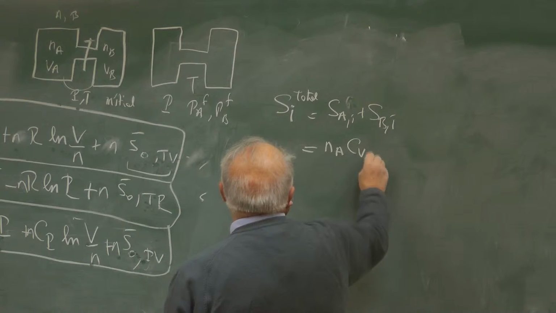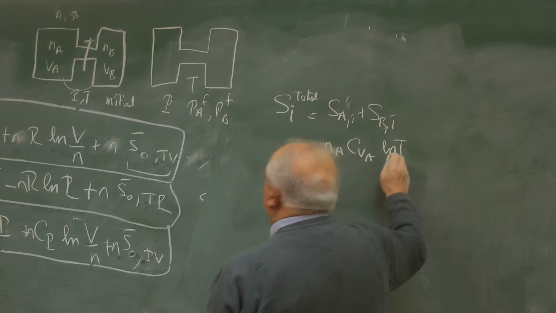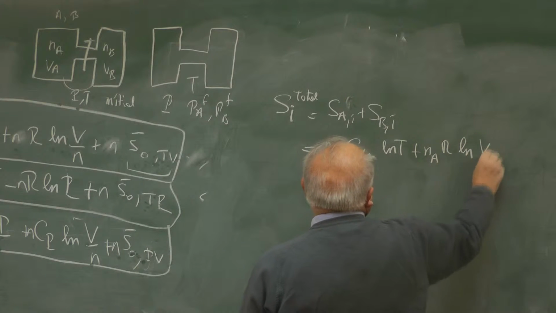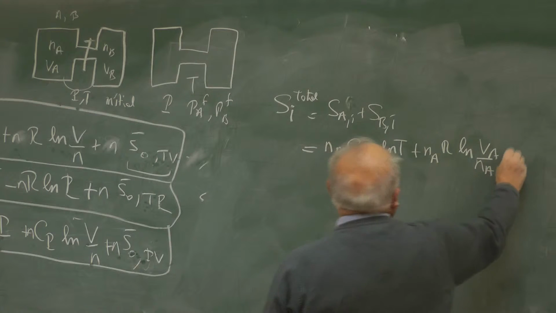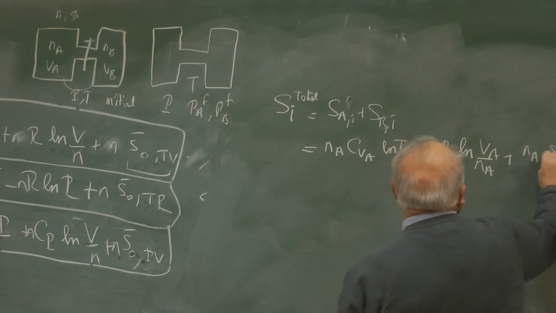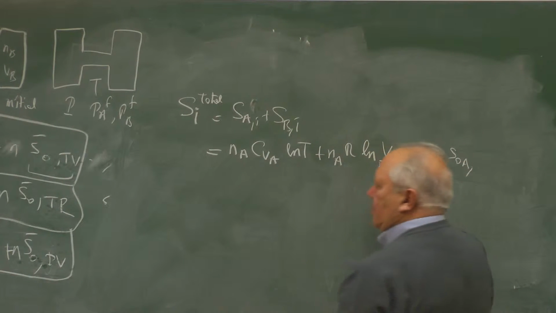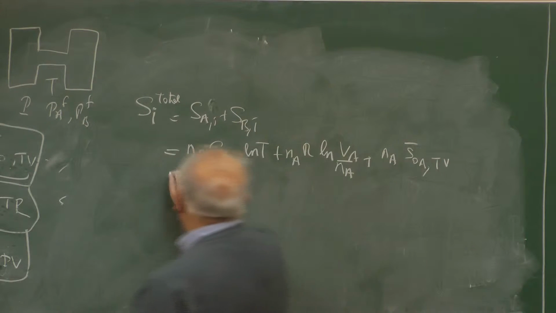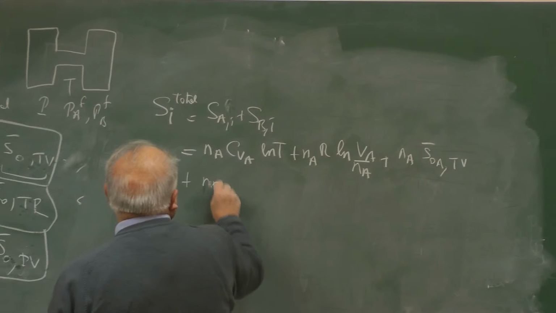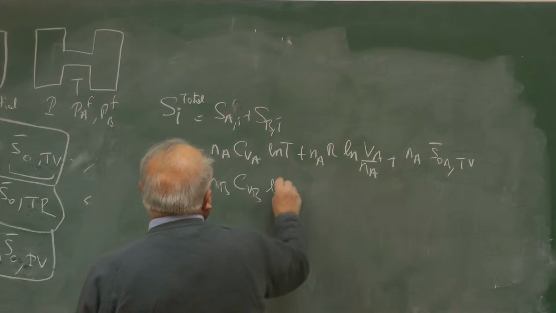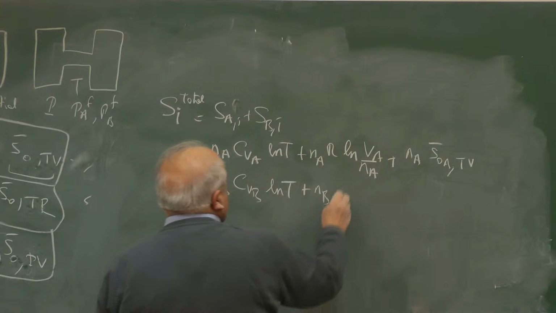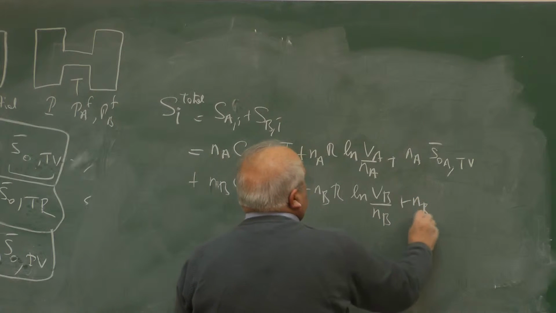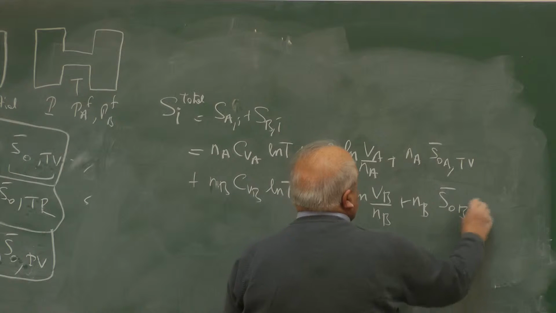NA CVA log T plus NA R log VA divided by NA plus NA S0A, entropy constants would be different, TV, plus for the B, NB CVB log T plus NB R log VB over NB plus NB S0B TV.